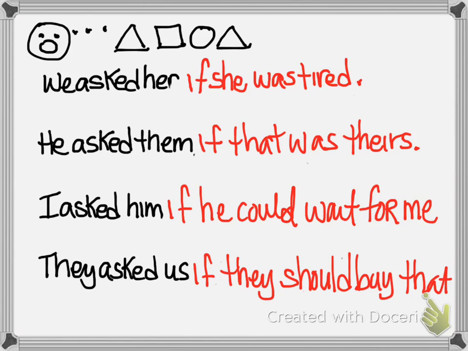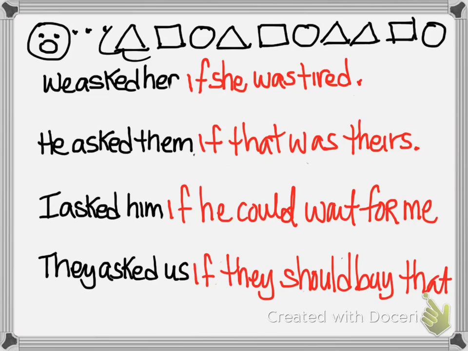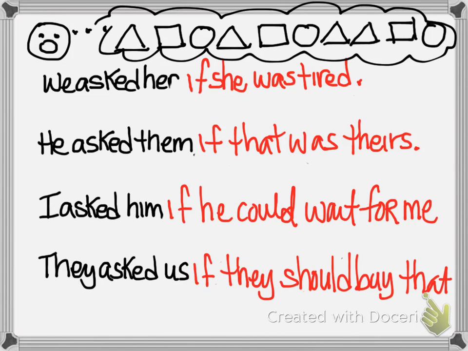Now, if I drew a pattern like this and I said, what's wrong with this pattern here, you would be able to find it, right? Triangle, square, circle, triangle, square, circle, triangle, triangle, and that's wrong. There's not supposed to be a triangle. Triangle, square, circle. That works.